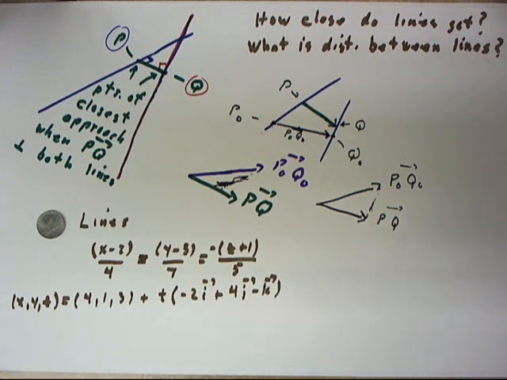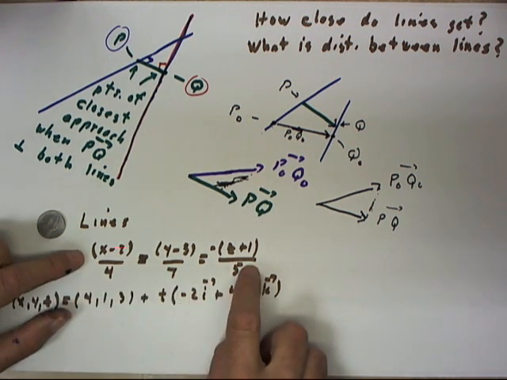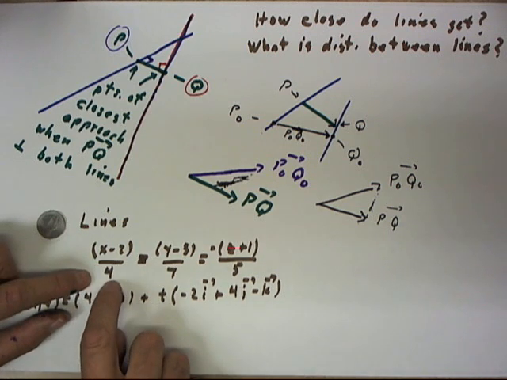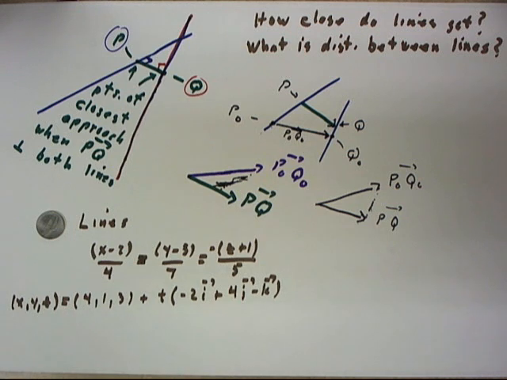Now, the lines, let's just say we have two different forms of the equations of these lines. The lines are, let's say, in parametric form. The first line is (x minus 2) over 4 equals (y minus 3) over 7 equals (negative z plus 1) over 5.